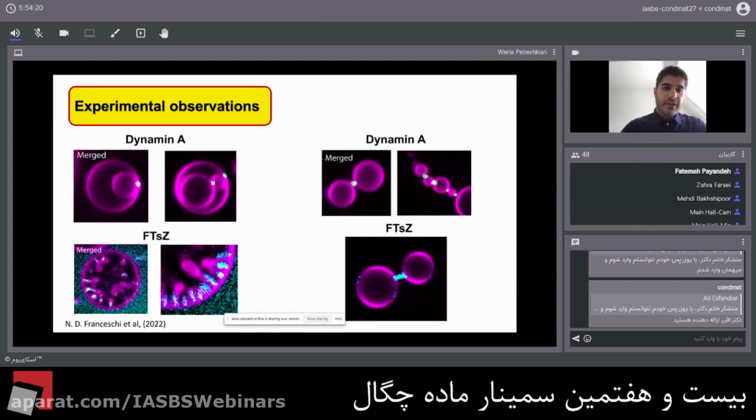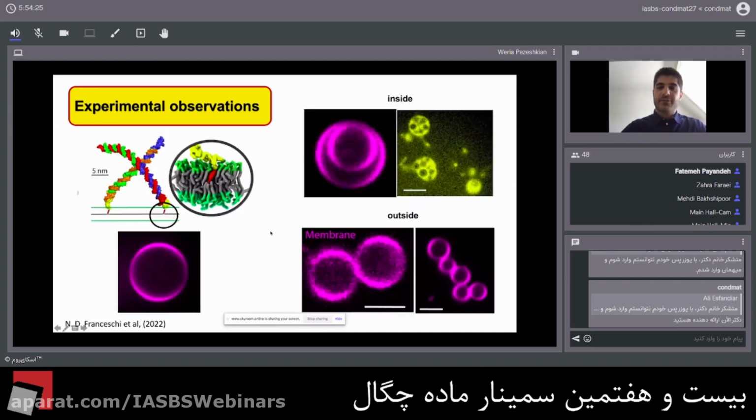And then the experimental observation was when they, okay, just to make this clear here. This structure happens when you have this star structure inside, and here you have it when you have it outside.